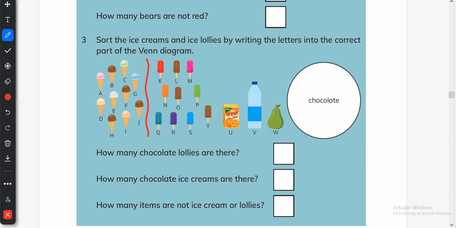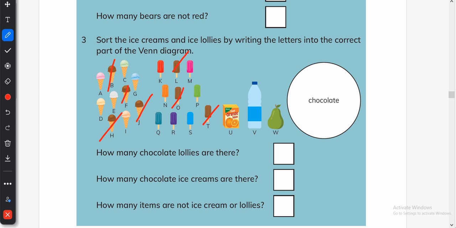Okay, they have written them separately. Good. So, these are ice lollies and these are ice creams. Chocolate. B, F, H, I, L, O, T. These are chocolate flavors.